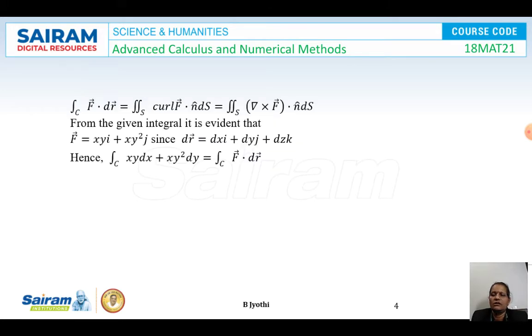So here the integral of f dot dr is nothing but curl f dot n cap ds, which is given by del cross f dot n cap ds.